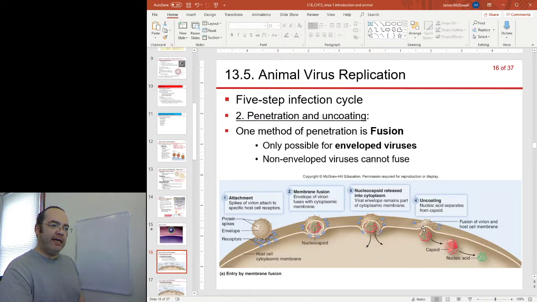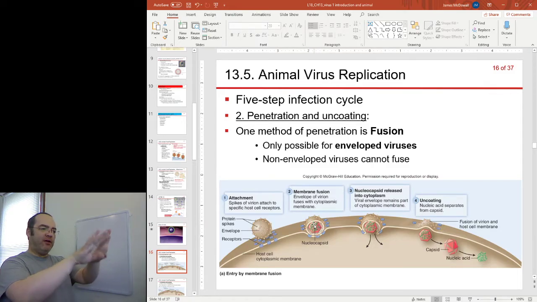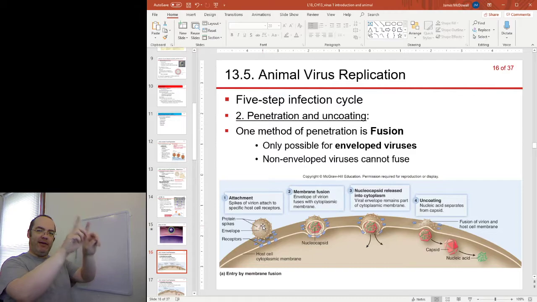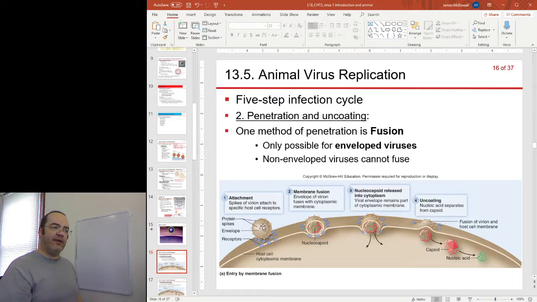One thing to note is that the virus with its envelope, these little brown dots here, these are the viral spikes, and these blue things here are the host receptors. These viral spikes were put into the membrane as part of the assembly and the release of the virus, which we'll look at in a second.